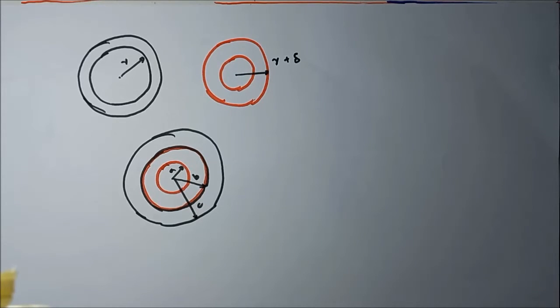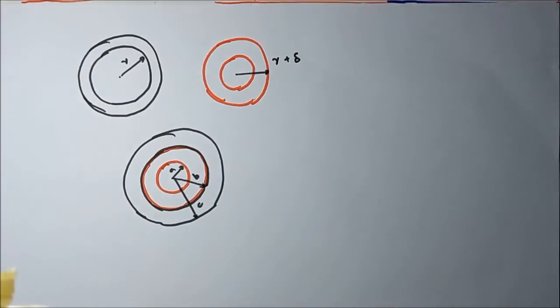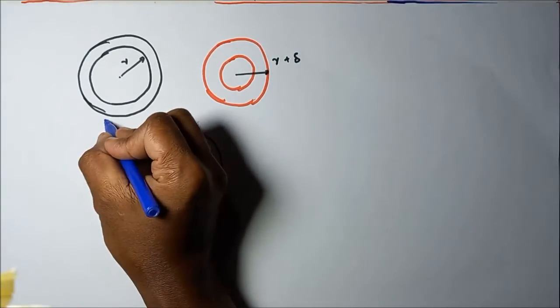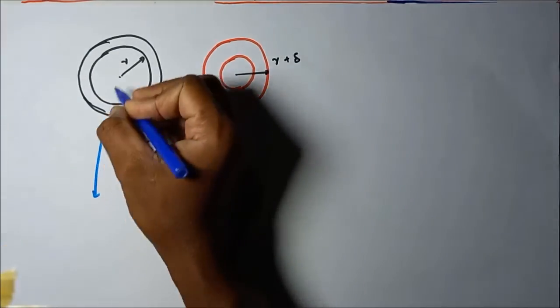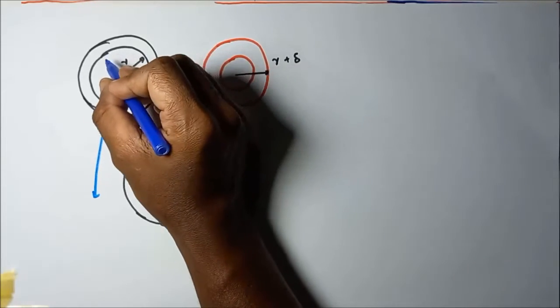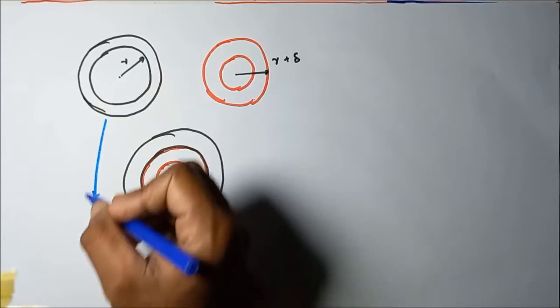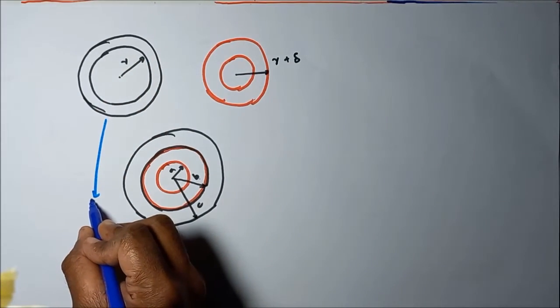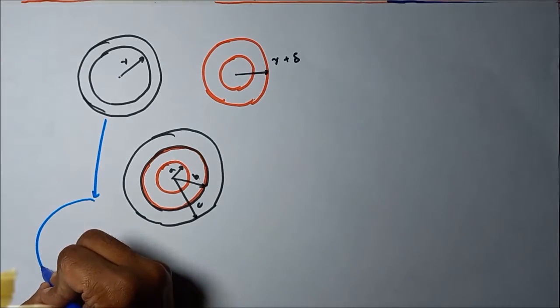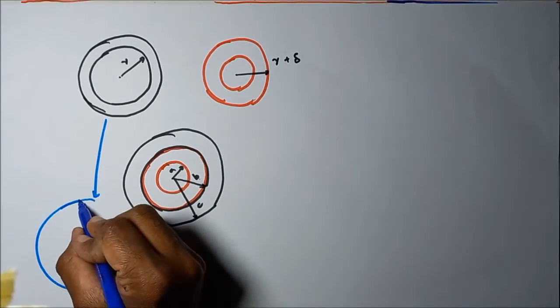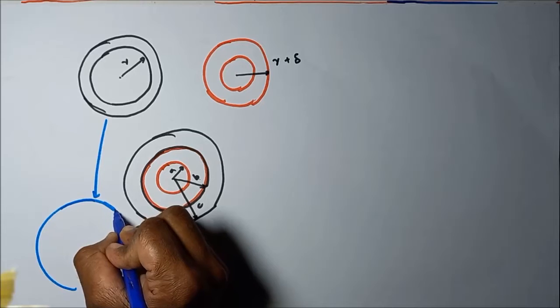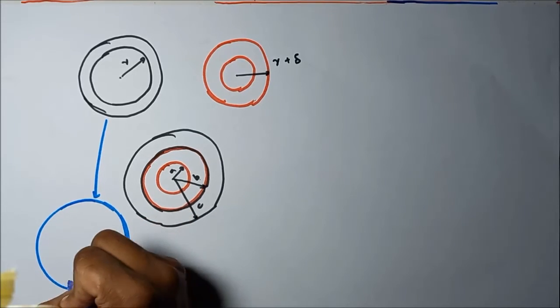Then, in the assembly situation, what can you say about this radius? Does it remain as it is? No, because of the internal pressure, this internal surface of this cylinder expands.